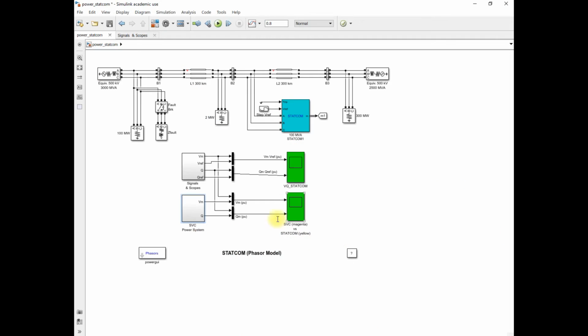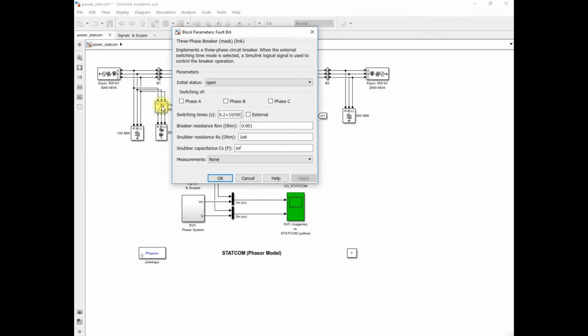Here this is a fault breaker in which we have set the switching time at 0.2 seconds plus 10/60. 60 is nothing but the operating frequency. Here the whole system operates at 60 Hz. It means this breaker operates at 0.2 seconds and then remains on for 10 cycles of the 60 Hz frequency. But here it is switched off because we have not selected the fault condition.